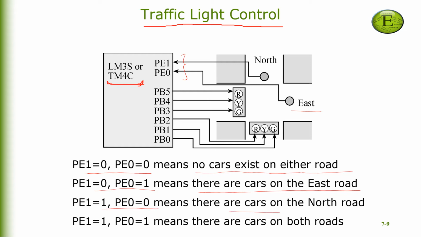There are cars on the north road and no car on the east. 1, 1 means cars on both roads. It is important to note that this 2-bit information comprises the input to the microcontroller.